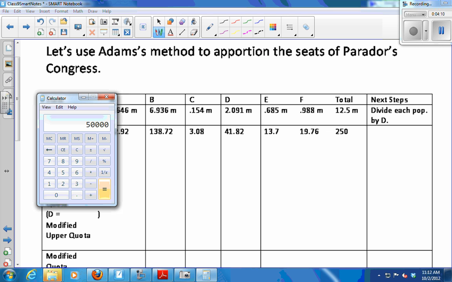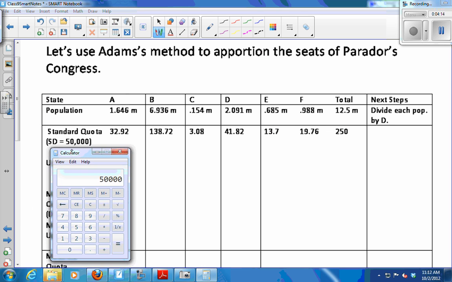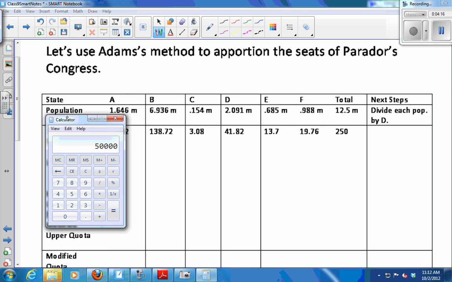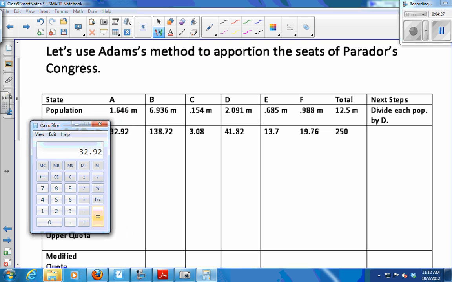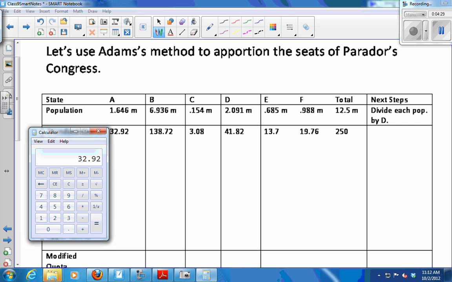So you take each state's population and divide it by 50,000. So we do 1,646,000 divided by 50,000. And that's where you get the 32.92.